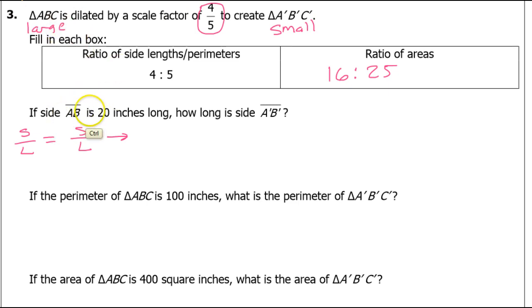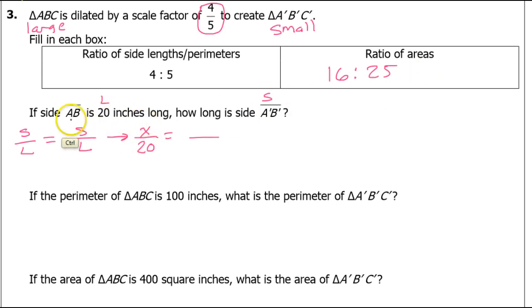So AB is from the original triangle, so this 20 is a large, and this A prime, B prime that we're looking for is going to be a small. So when I set up my proportion, I'm going to do small over large. So I'm going to put X to represent the length of side A prime, B prime. That's going to be a small. And I'll put it over 20, which is large.